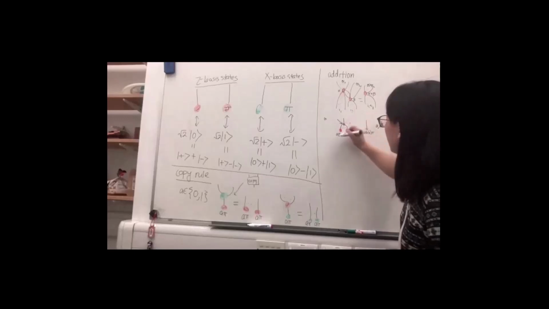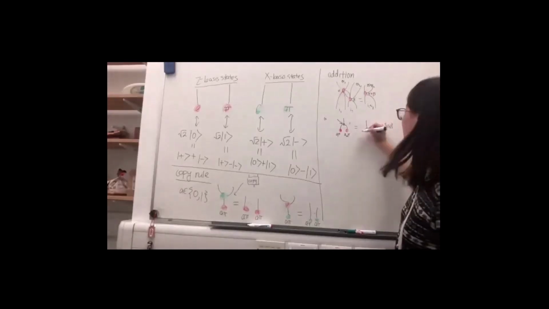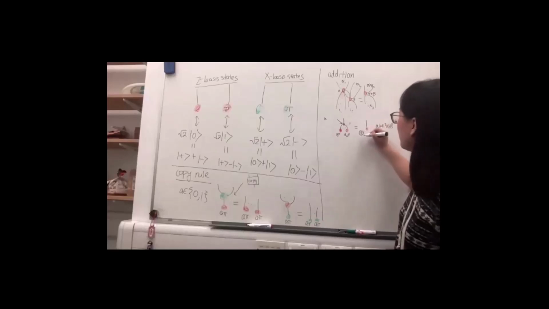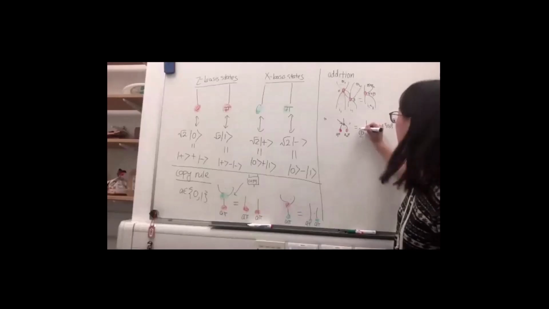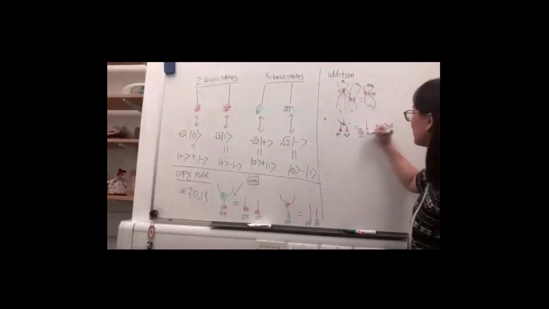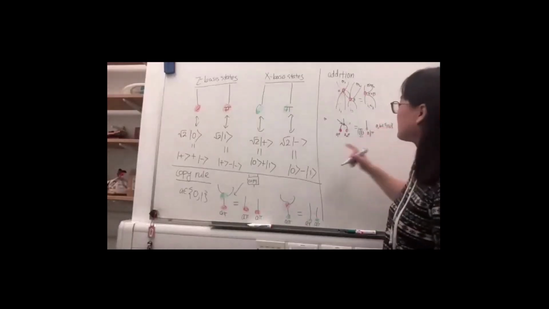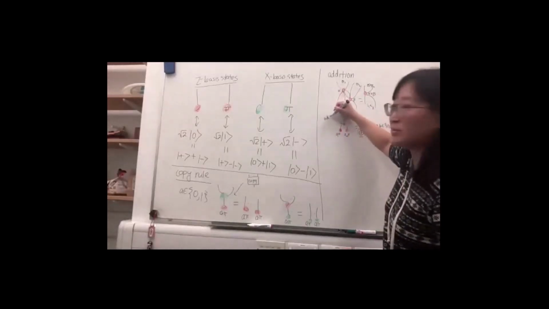So I'm just going to call this A1 to AN. In that case, this would be the total XOR of i equals 1 to n of A sub i pi. And this is the addition box.